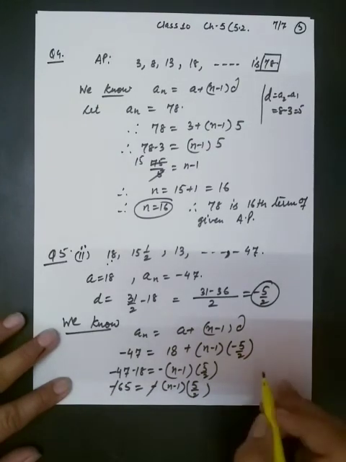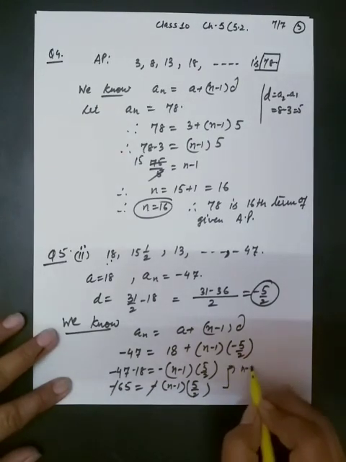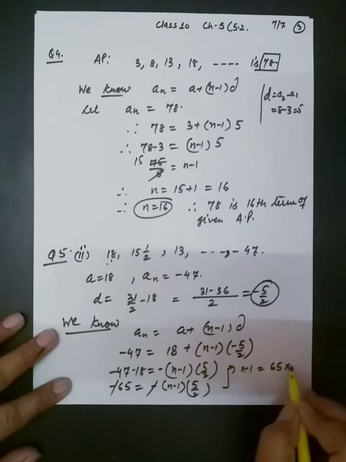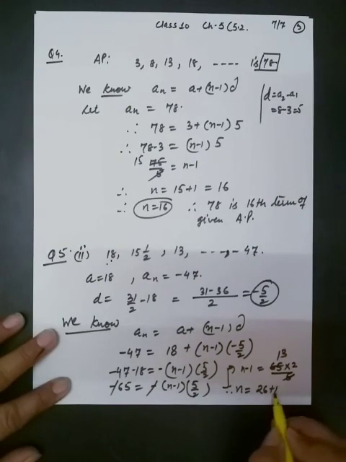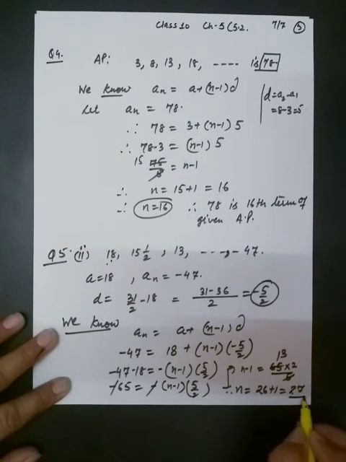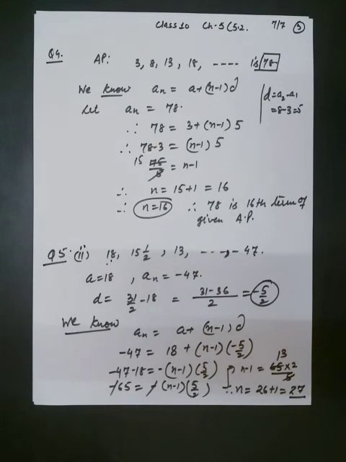Negative negative cancel and we can find N minus 1 is equal to 65 into 2 by 5, which is 26. So therefore N is equal to 26 plus 1 is equal to 27. Therefore, how many terms are there? There are 27 terms in the given AP.